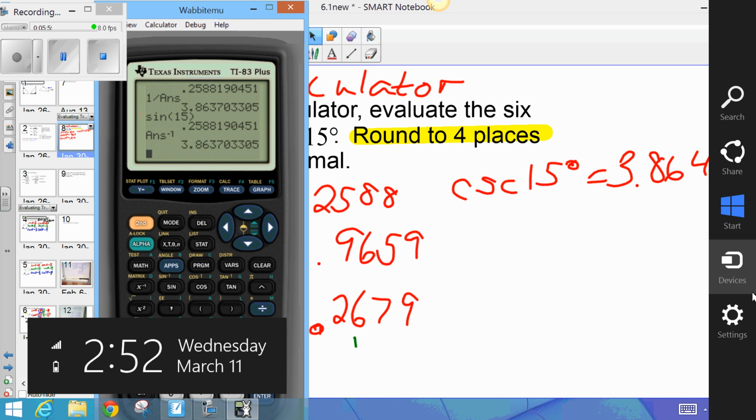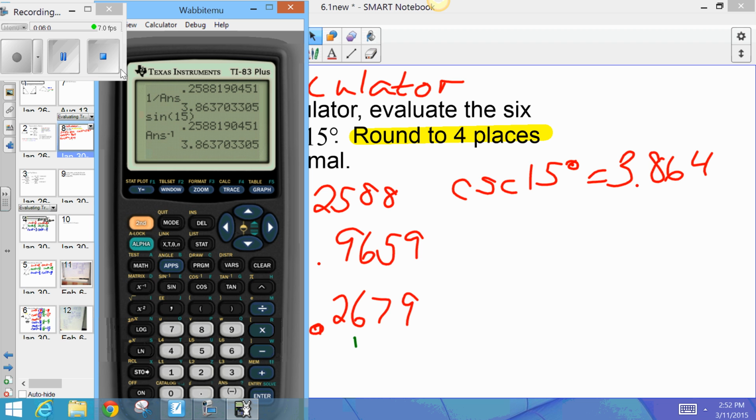So secant is the reciprocal of cosine, so I'm going to do cosine of 15, answer, reciprocal.